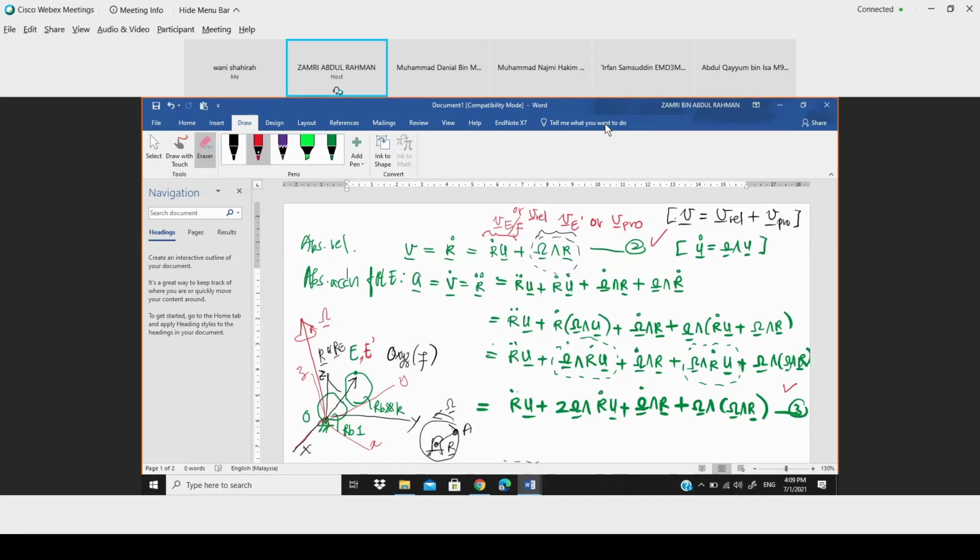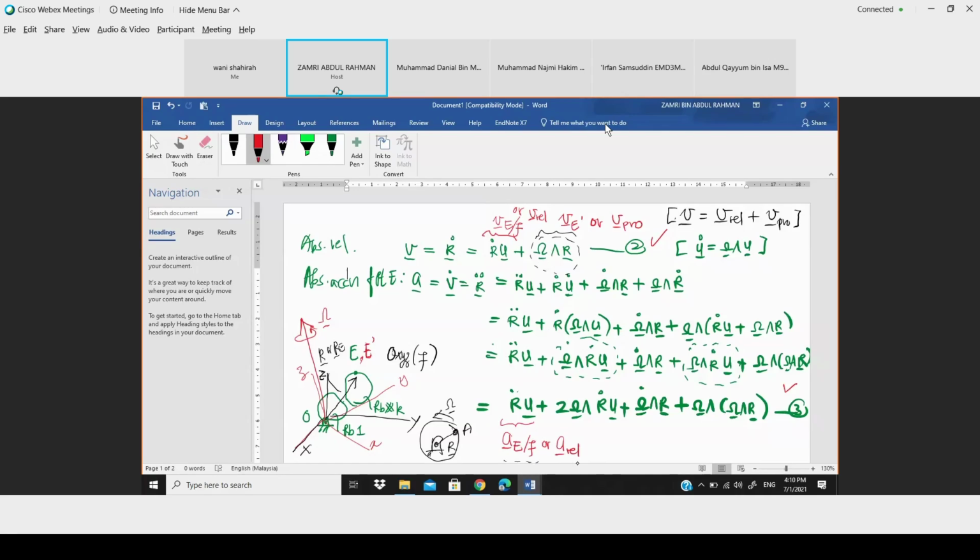Next, let us make sense of these terms in equation number 3. This is the acceleration of point E relative to the moving frame, which some textbooks call A rel. That means the acceleration of point E with respect to the moving or rotating coordinate frame.